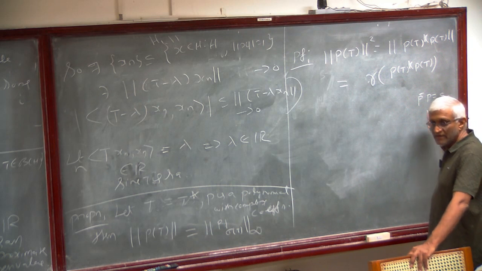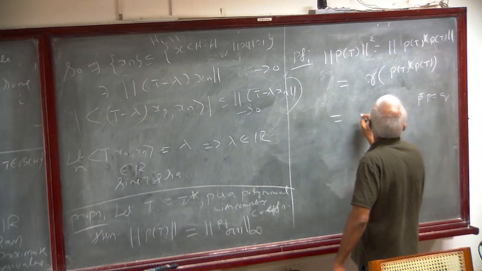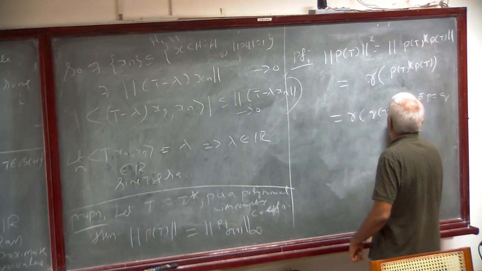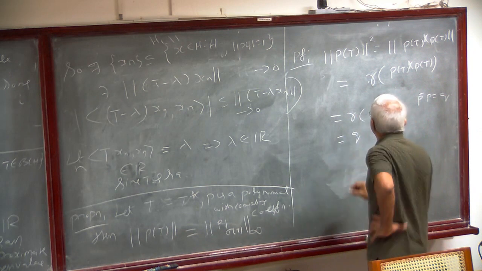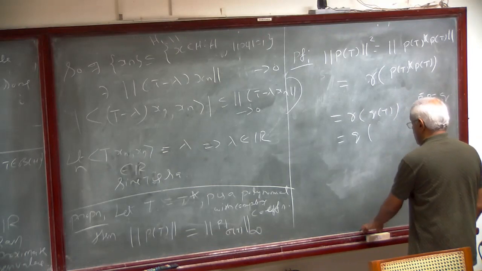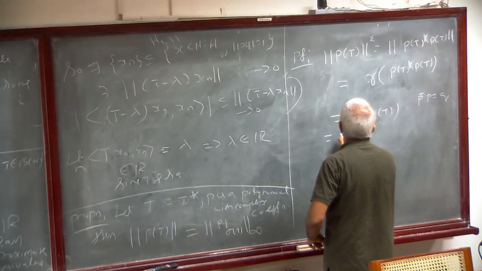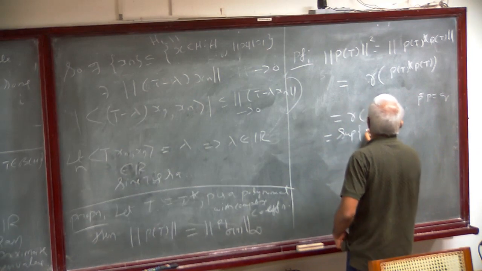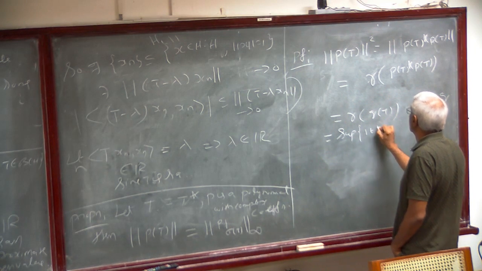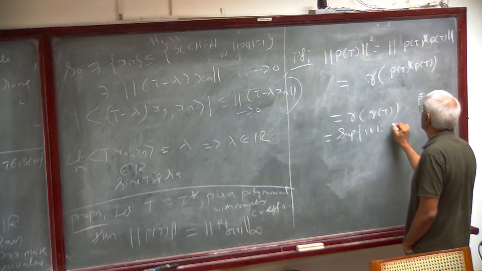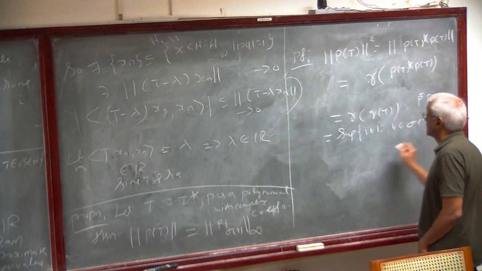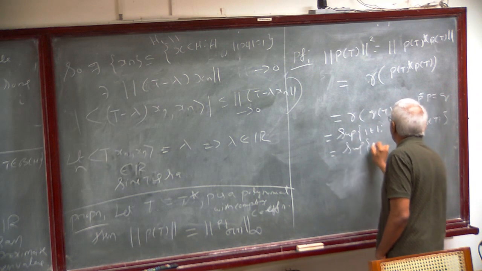This is again a polynomial with real coefficients, and this is just the spectral radius of Q of T. But then the spectral mapping theorem says that this is equal to the supremum of mod of lambda, where lambda is in the spectrum of Q of T.